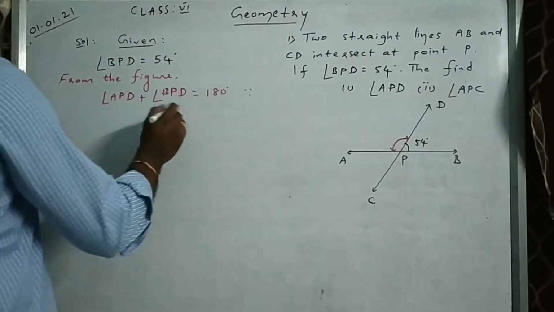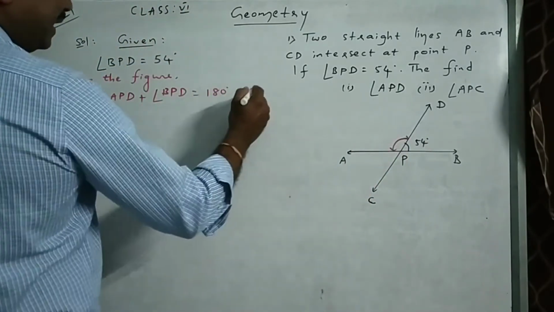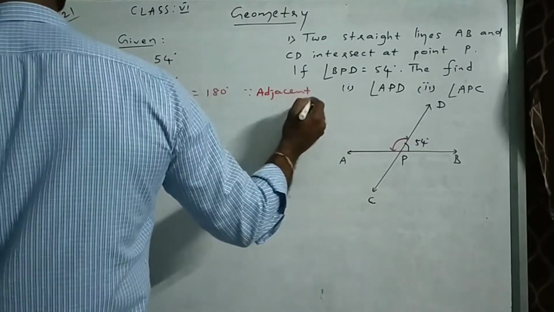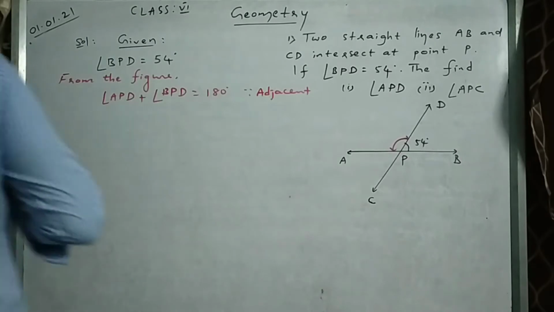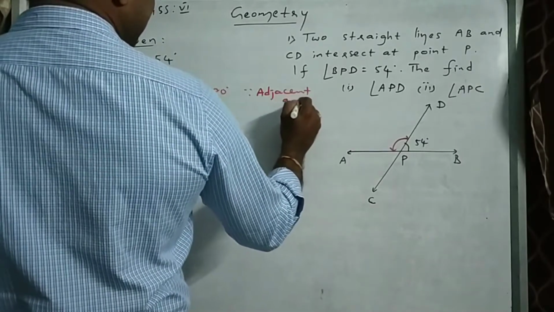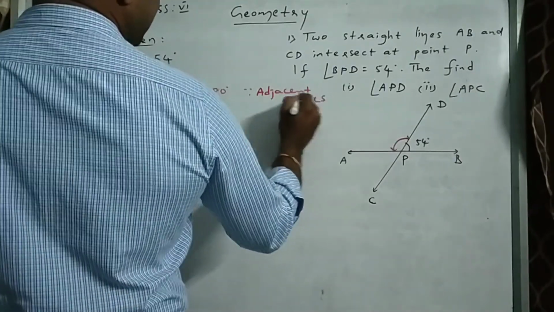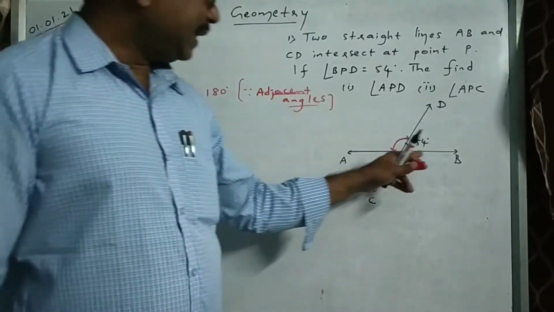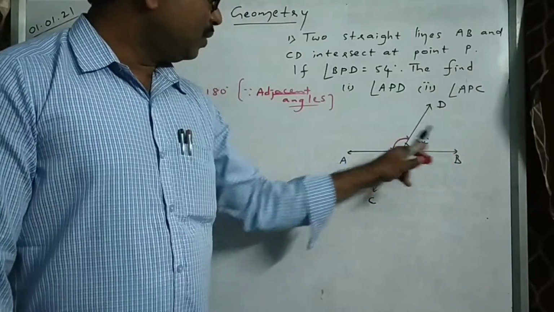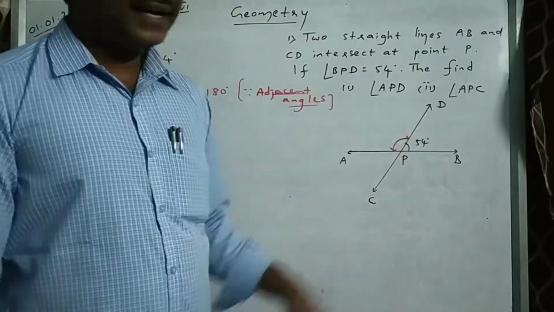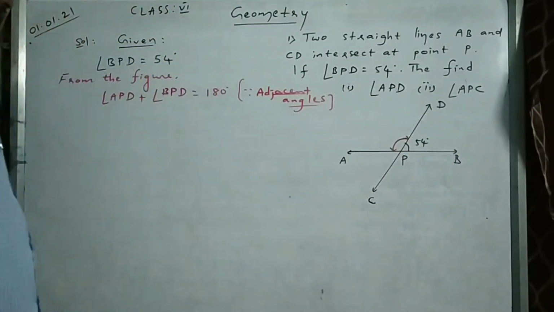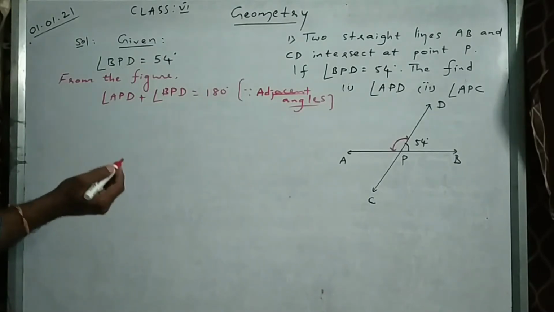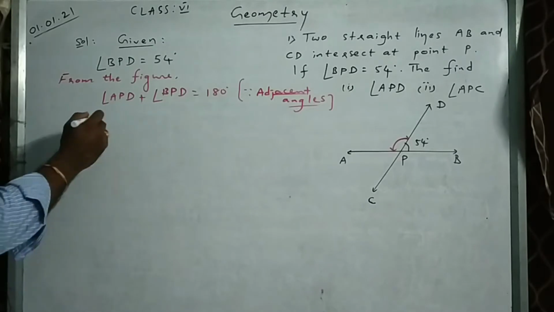The sum of two angles must be 180 degrees. Adjacent angles means they have one common ray. Two angles having a common ray are called adjacent angles, so the sum is 180 degrees. Remember that. Or simply we say linear pair also, no problem.